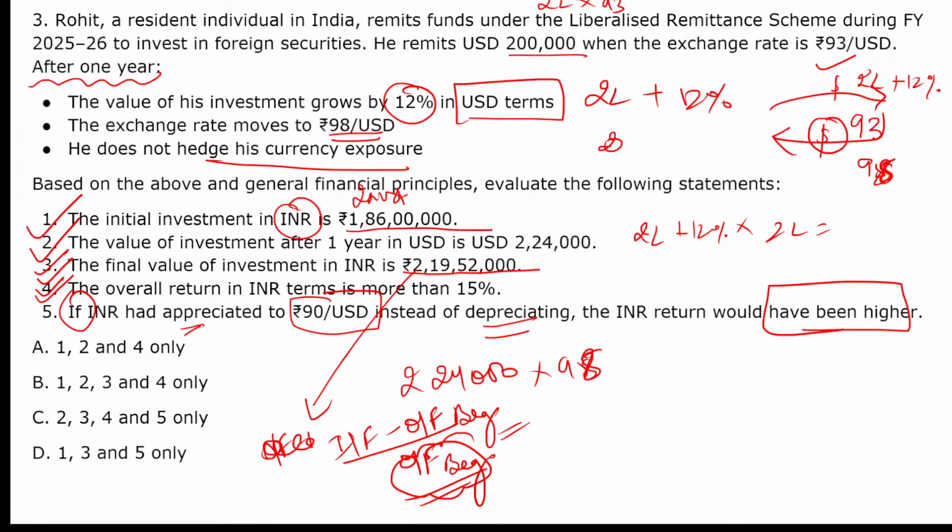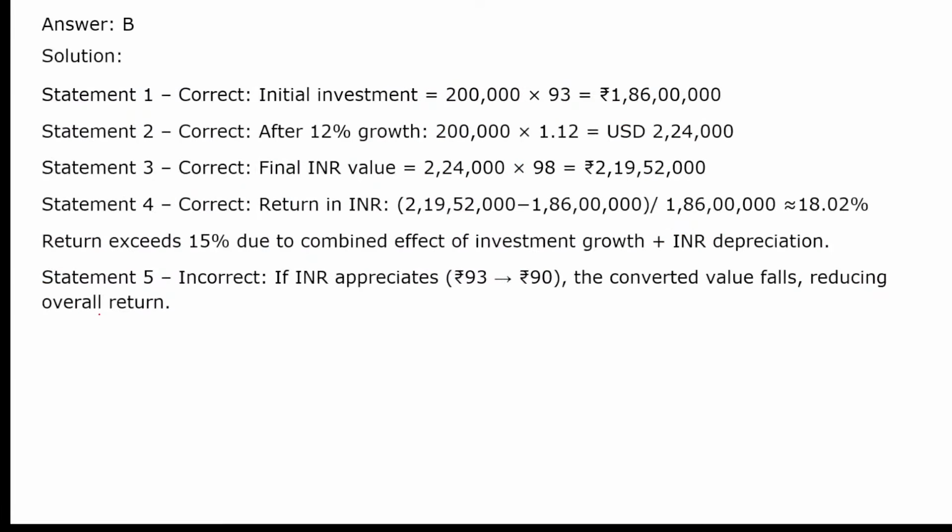Initially you were getting 98, instead of 98 you are getting only 90. The amount will decrease and the overall return will decrease. So this is wrong. Only 5 is incorrect. So B is the correct answer. 1 is correct, 2 is correct, 3 is correct, 4 is correct, 5 is incorrect.